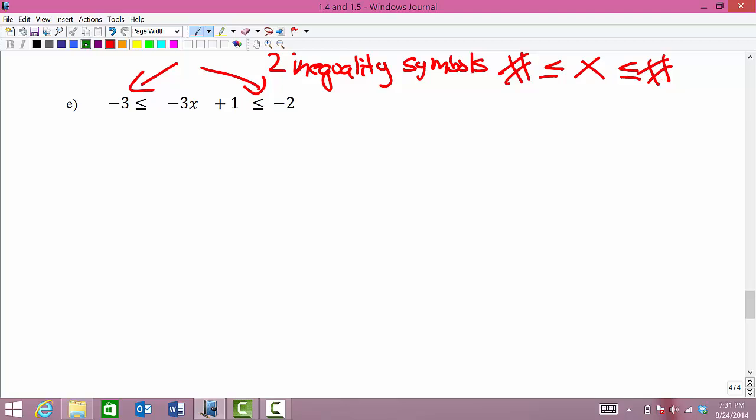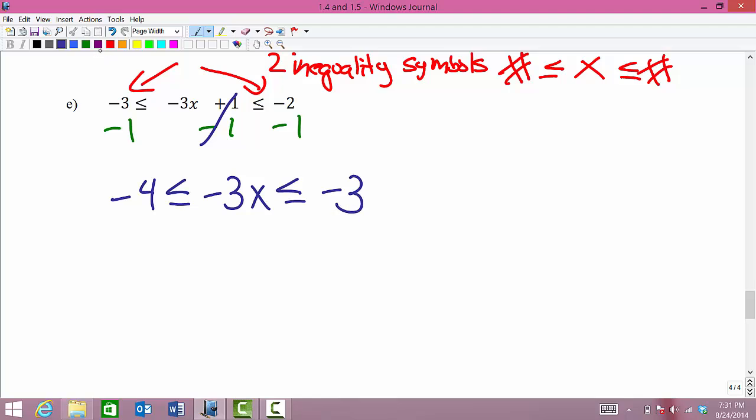And we want to attack the middle first to make this happen. Do whatever it takes to the middle to get x by itself. So the first thing we're going to do is subtract 1. That gives me negative 4 less than or equal to negative 3x less than or equal to negative 3.